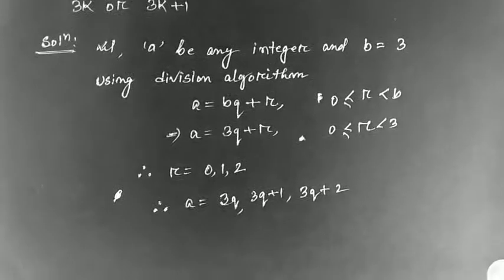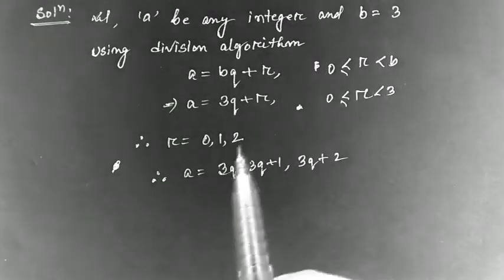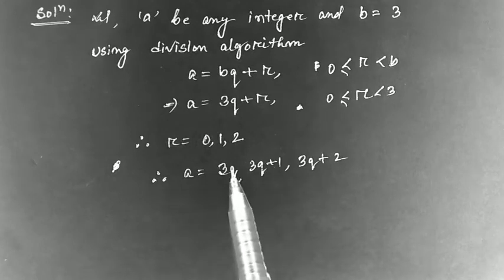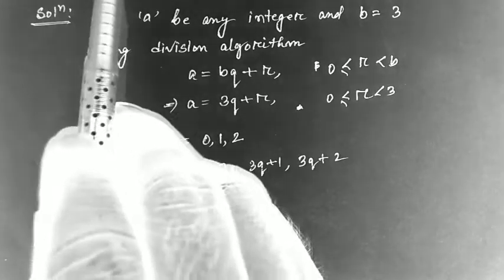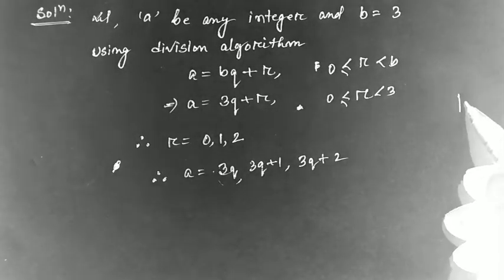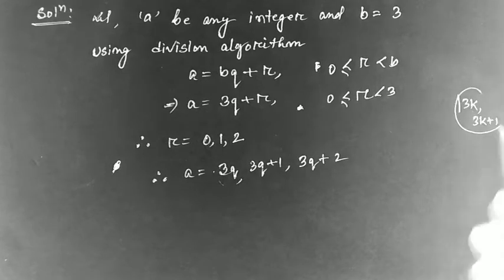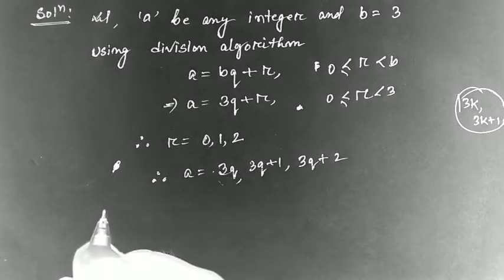These are the three possible values of a. So we have to prove that square of every integer, so we got these three integers. Now we have to show that square of these integers can be expressed as either 3k or 3k plus 1, these two types, no? So let's see first integer.